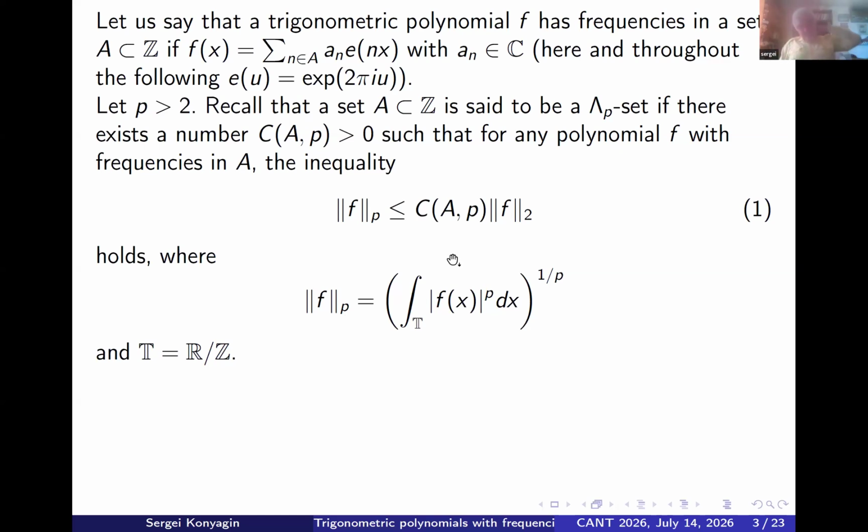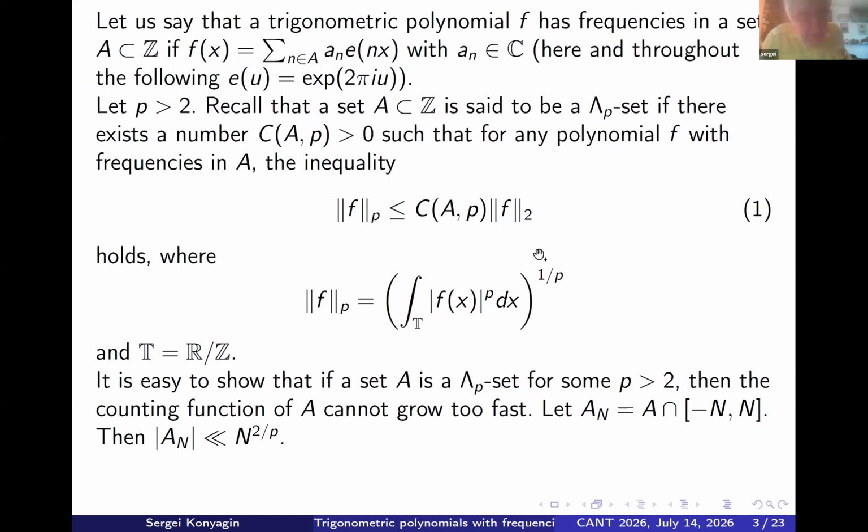If A has the property that for any polynomial with frequencies in A we have this inequality, where the constant doesn't depend on f, it can depend on p and can depend on A, but doesn't depend on f, then we say that A is a Lambda(p) set.